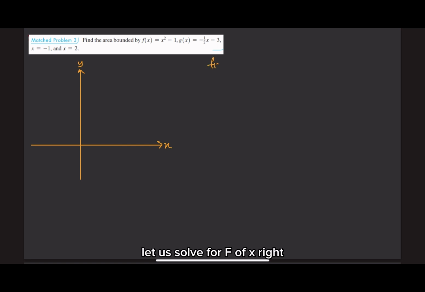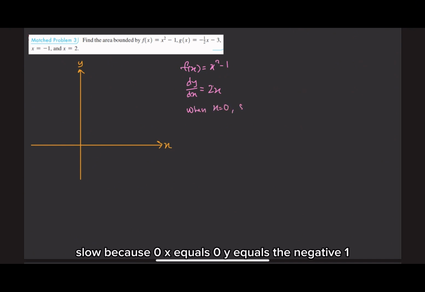Let us solve for f of x, right? Let us use different colors. f of x equals x squared minus 1, dy/dx equals 2x. When x equals 0, slope equals 0, and y equals negative 1.